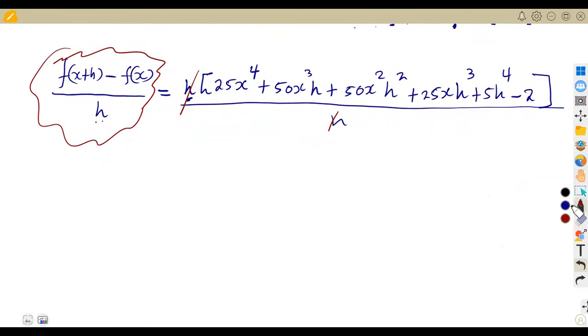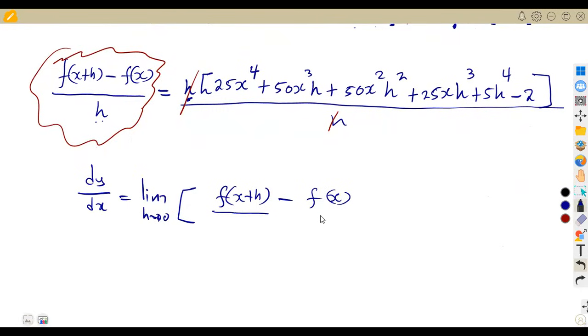So remember that the derivative of y with respect to x is equal to the limit of h approaching 0 of f of x plus h minus f of x, everything over h. And we have determined this. This is our f of x plus h minus f of x over h.